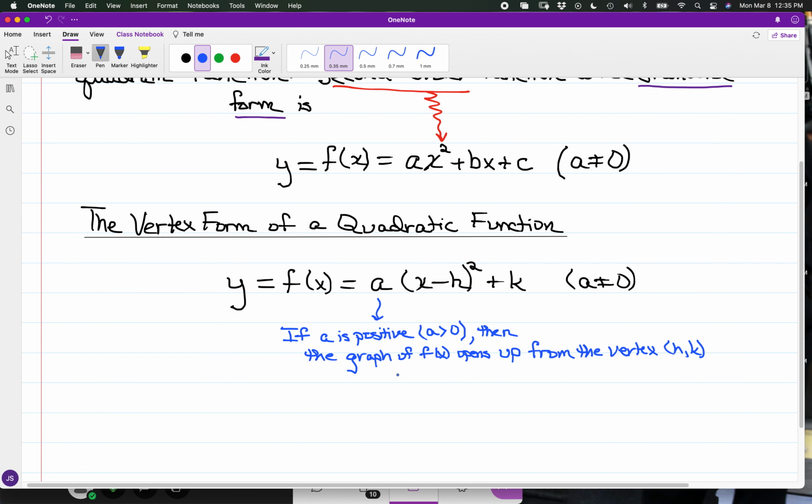On the other hand, if the leading coefficient a is negative, then the graph opens downward from the vertex.